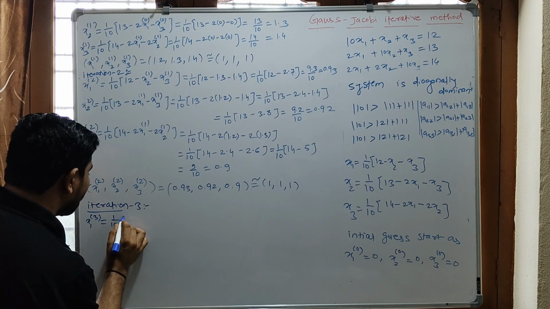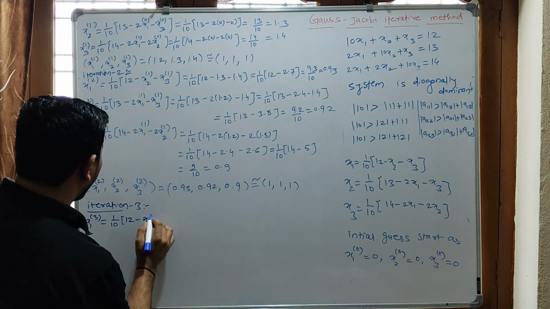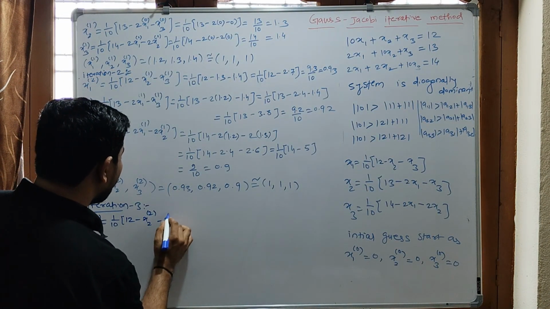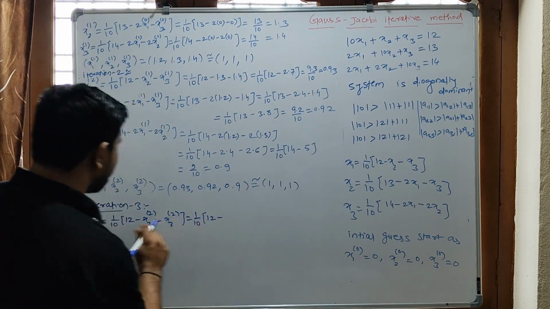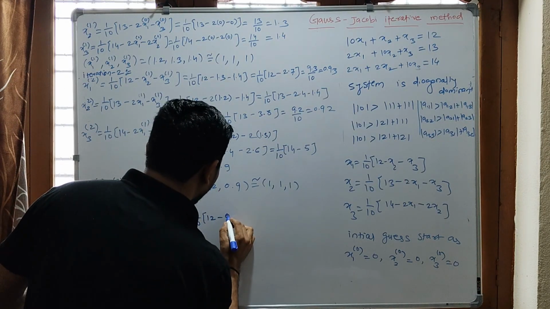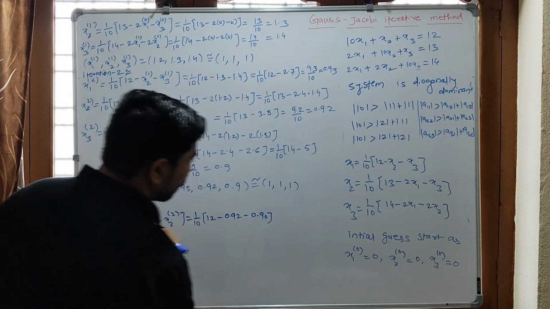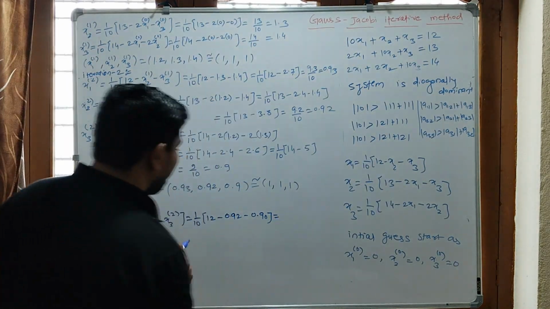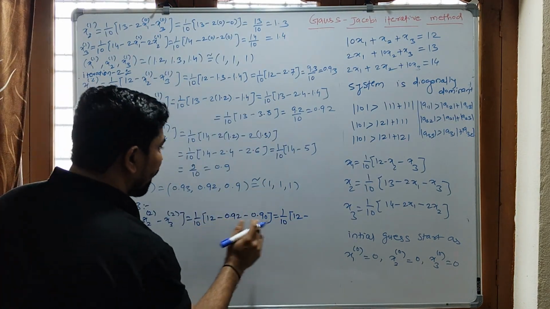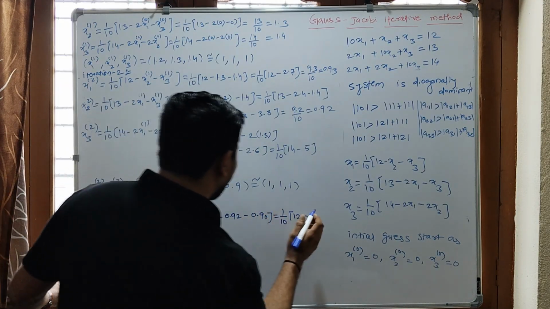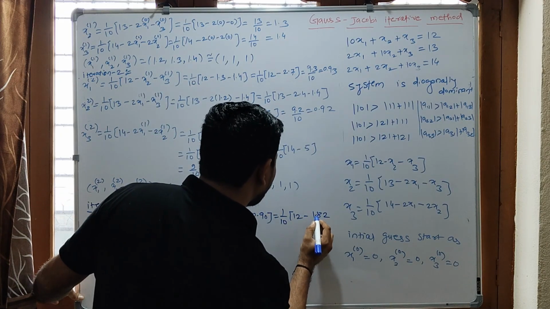So this is equal to 1 by 10 times 12 minus x2 at 2 minus x3 at 2, which is equal to 1 by 10 times 12 minus 0.92 minus 0.90, that is 1.82.